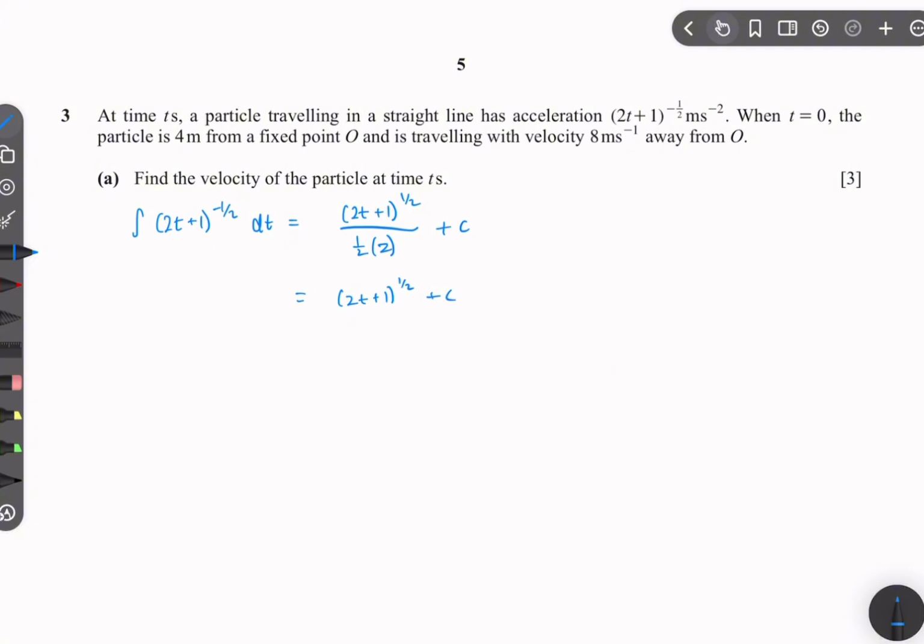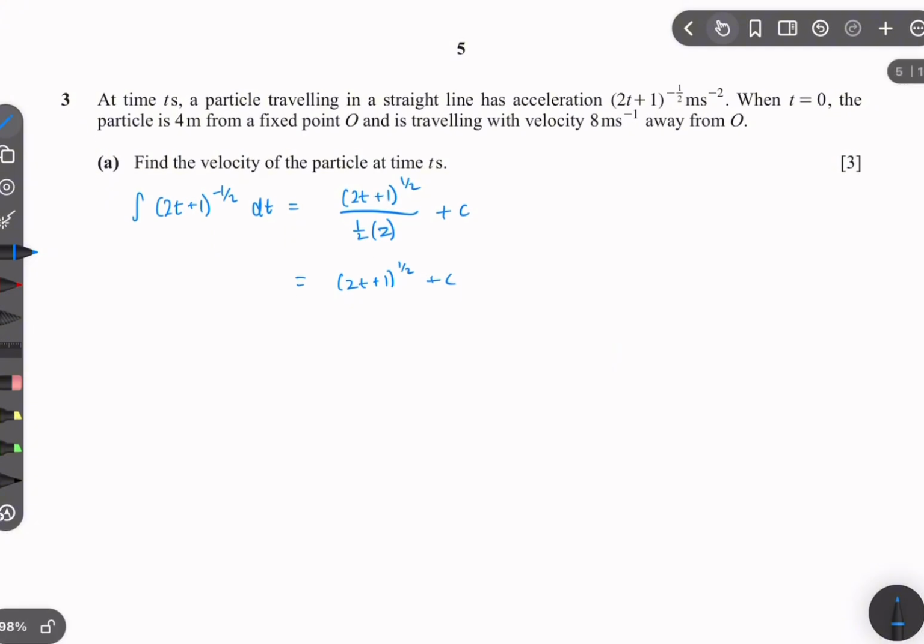And then now we have to find the constant so that we can find the velocity of this particle. And we know that when t is equal to 0, we can equate the equation to 8 because the question states that when t is 0, the particle is traveling with velocity of 8.